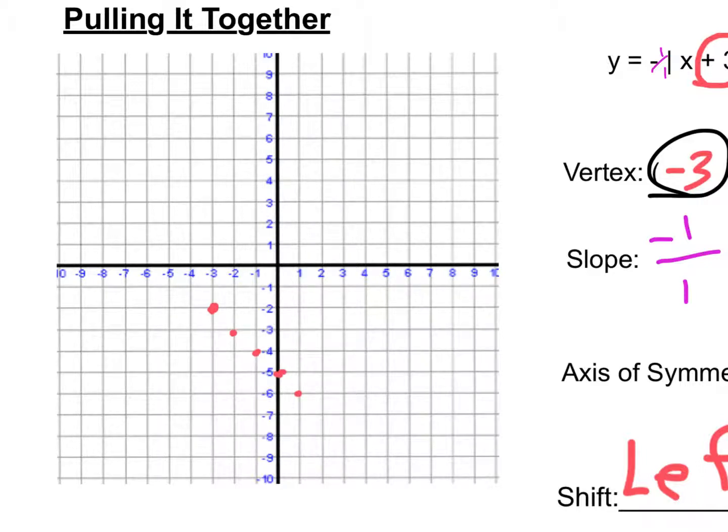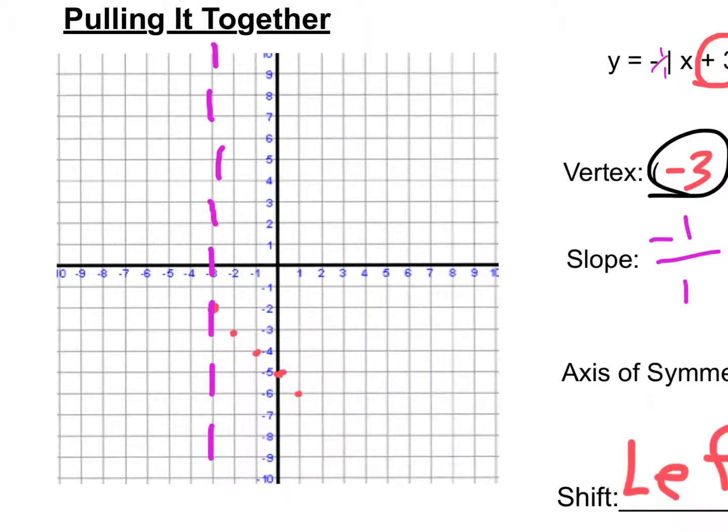Let's put in our axis of symmetry. Now let's do our reflection. Whoops, that looked awful.